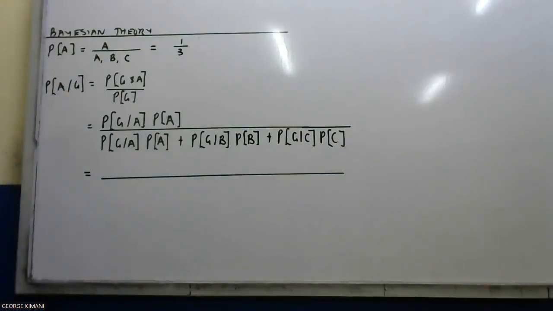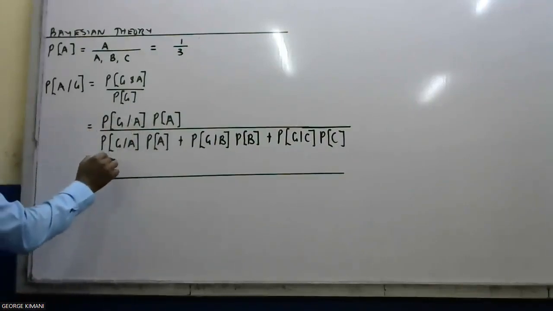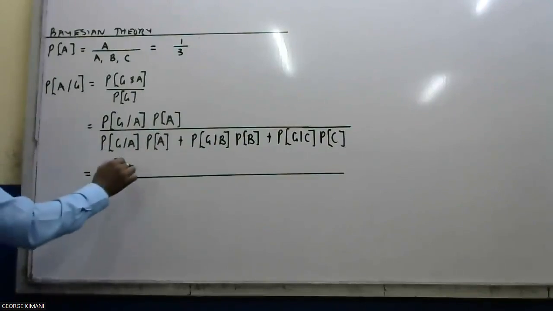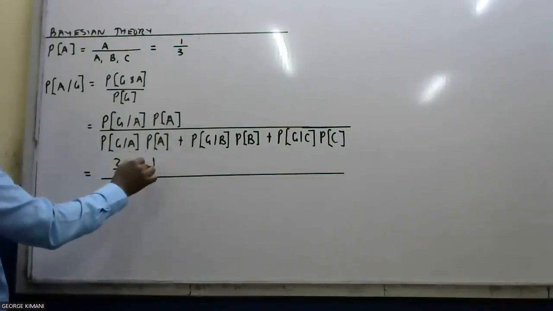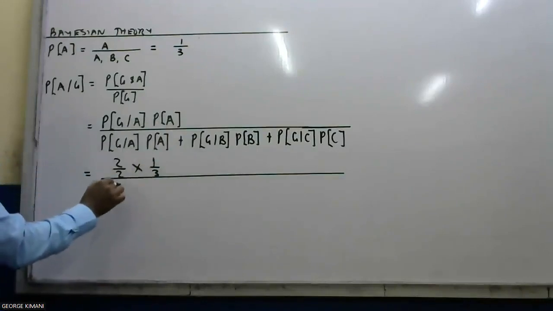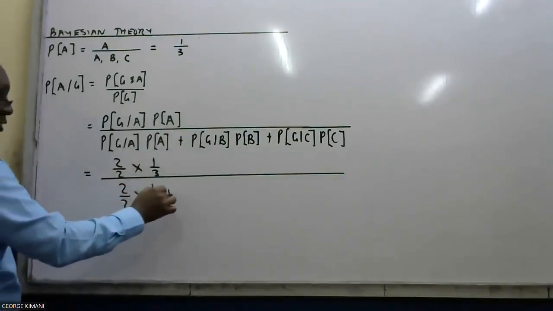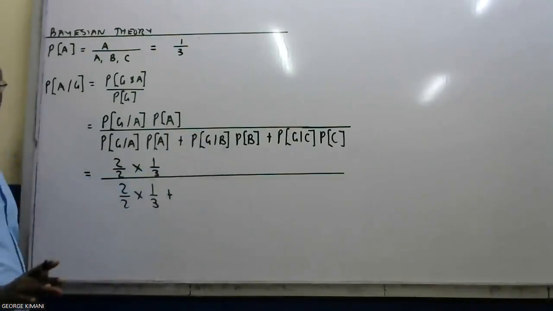So this is how you go about it. If you look at bag A, it has 2 gold coins. So to get a gold in A, it is then 2 out of 2. And to get bag A is a third. The same case applies here, 2 out of 2. Then if you look at bag B, it has no gold coin.